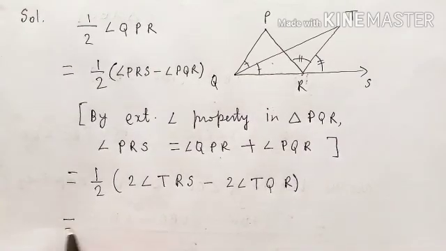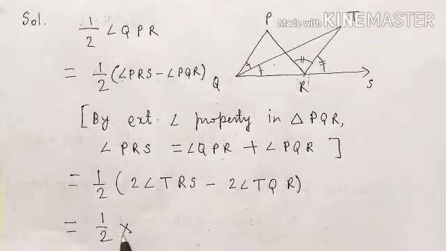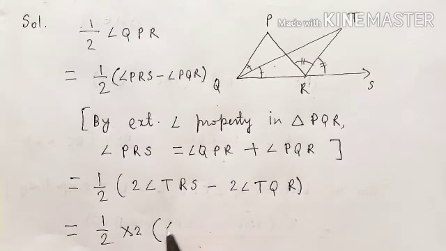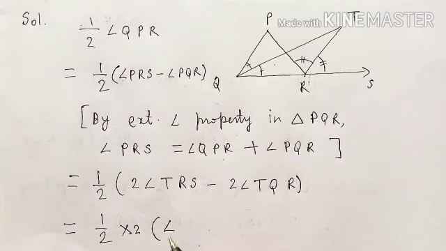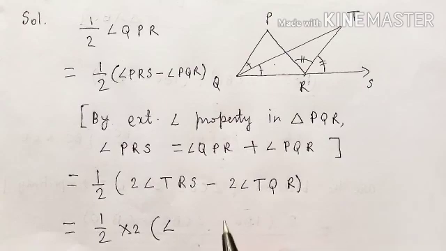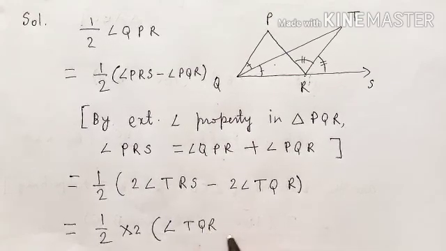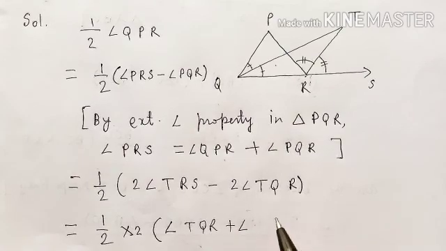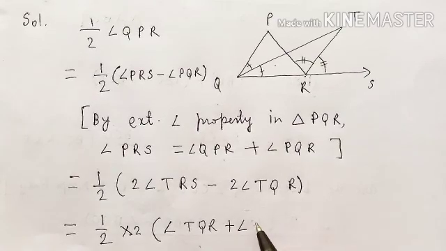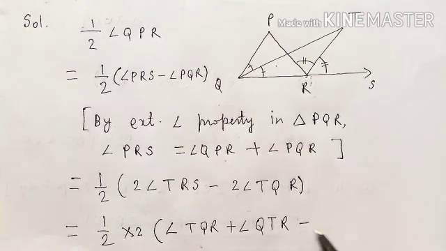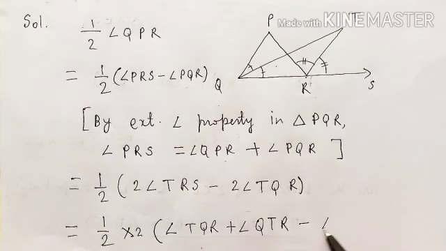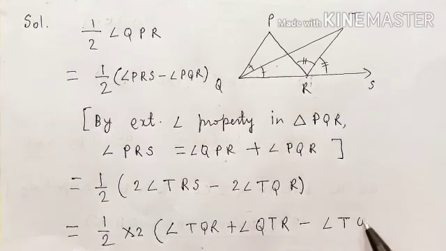Now 2 is taken common. We have angle TRS, and angle TRS can be written as angle TQR plus angle QTR, minus angle TQR.